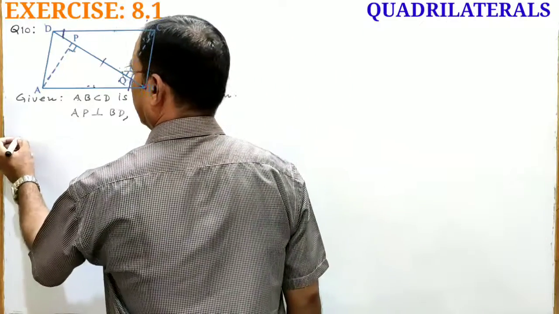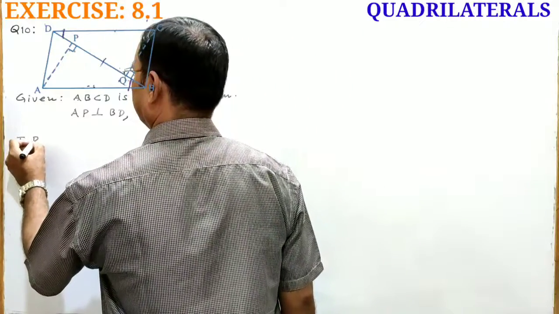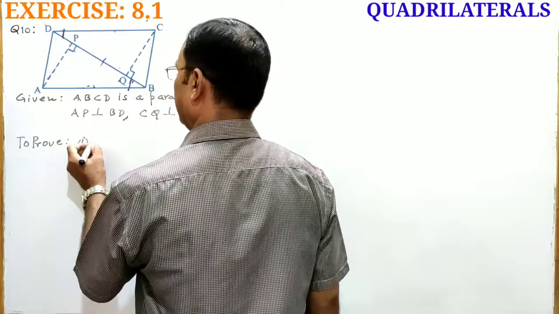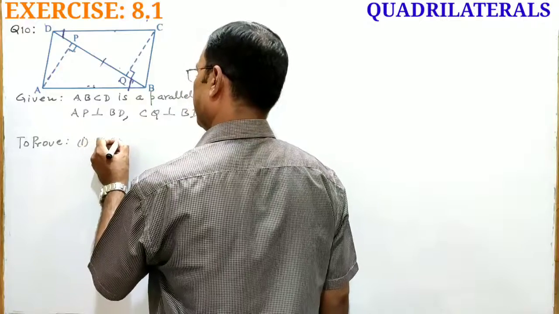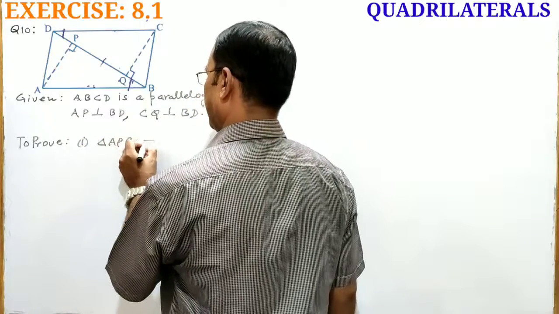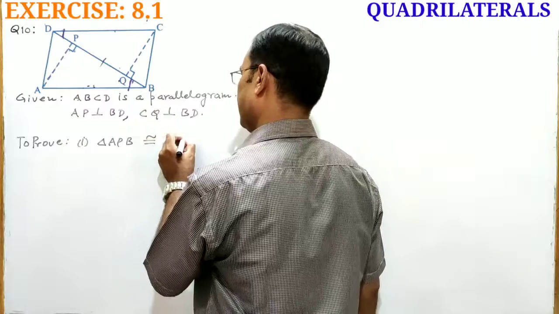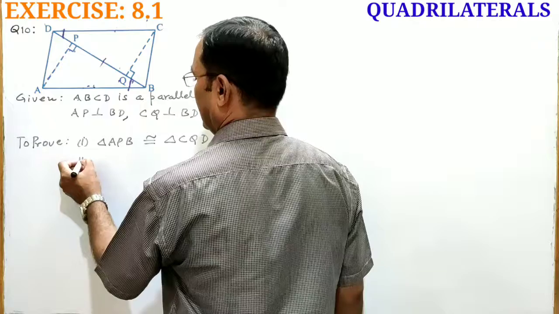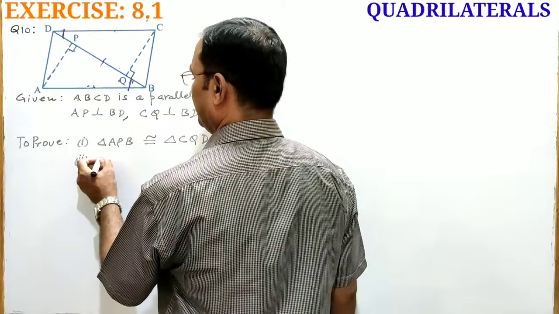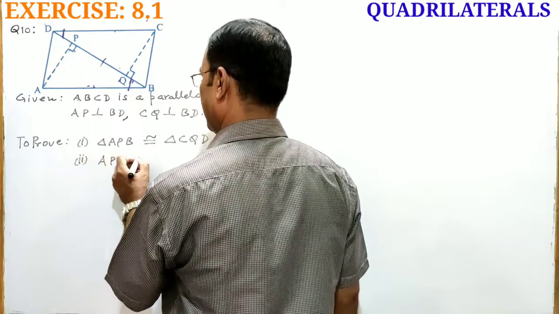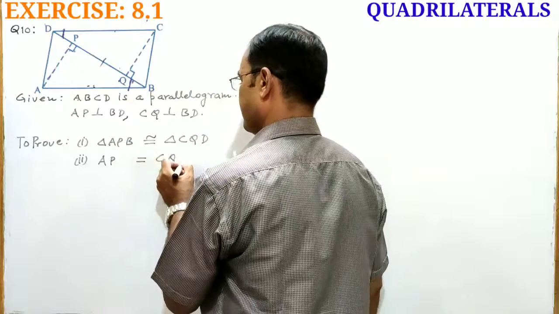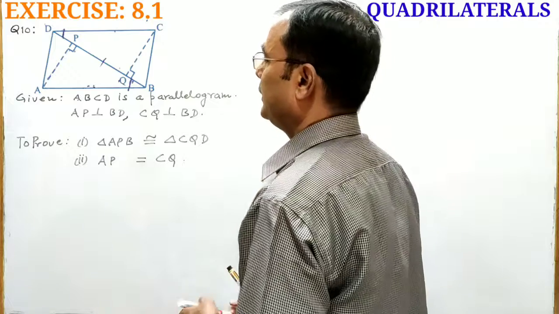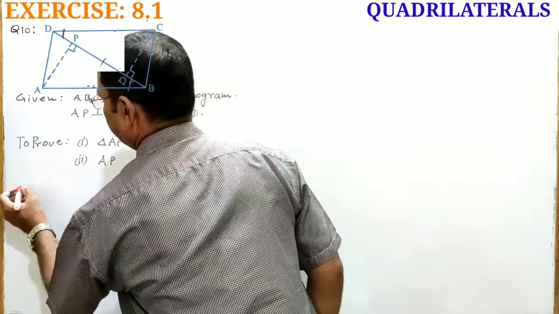We have to prove that triangle APB is congruent to triangle CQD, and also we have to prove that AP is equal to CQ. Let's prove this question.